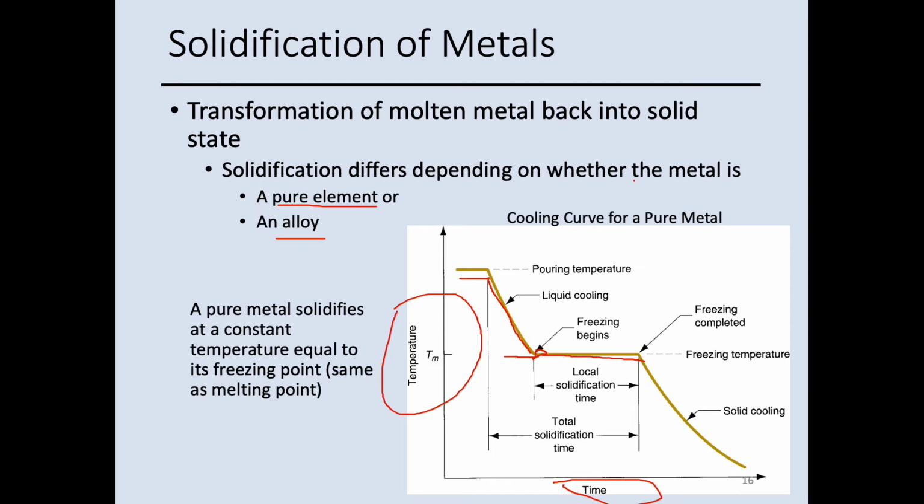More material is going to be transformed to solid. The temperature doesn't change, it's going to stay flat, but we need some amount of time for the transformation to take place. After this point, the metal is completely solid, then the solid is going to go down to room temperature.